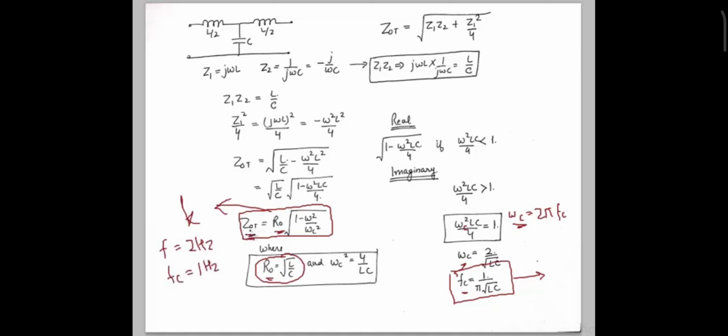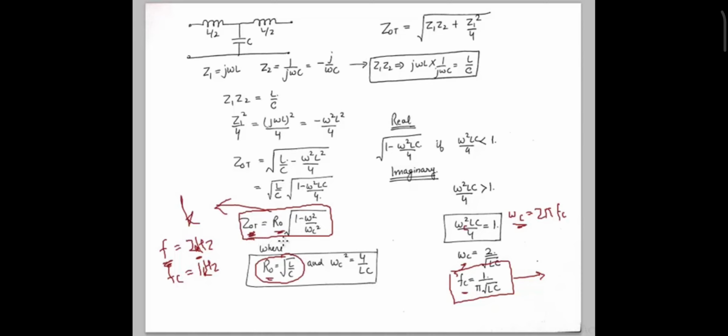Then you can find impedance of the low pass filter at 2 hertz frequency by substituting 2 hertz here, 1 hertz here, and of course 1 kilohertz is more rational, and by substituting the values of L and C you can find how much impedance is being offered by the low pass filter at certain frequency, or you can check if this frequency lies above the range of pass band, then is it really offering you an impedance which does the job for you or not.